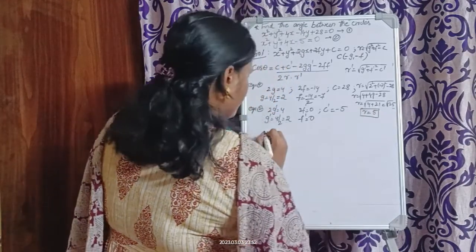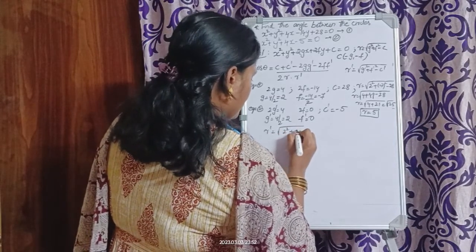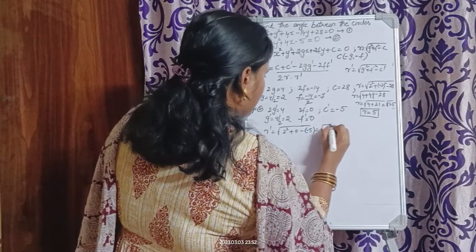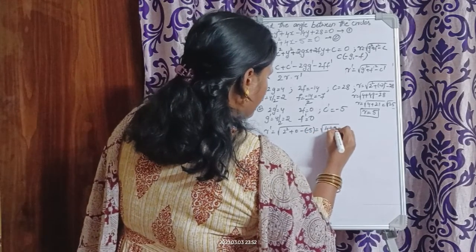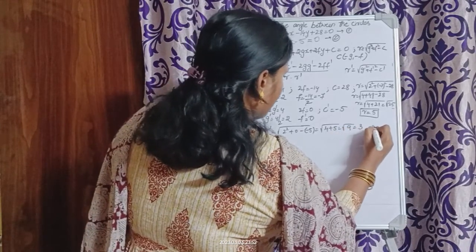Similarly, r dash is equal to g square, f square is 0, minus of minus 5, which is 4 plus 5, which is square root of 9, so 3. So we got r dash.